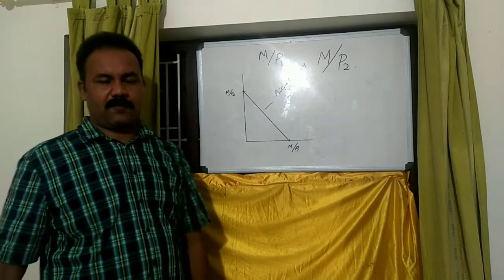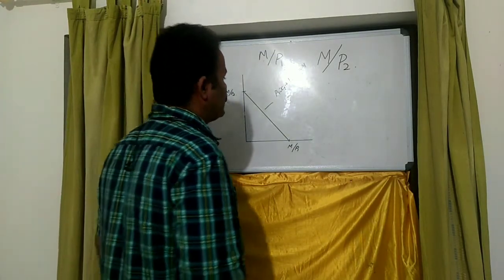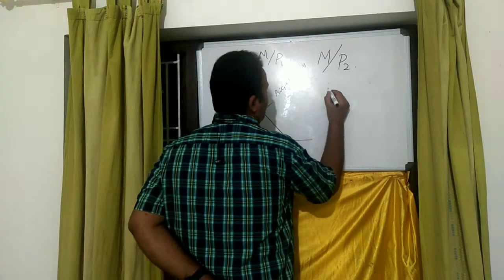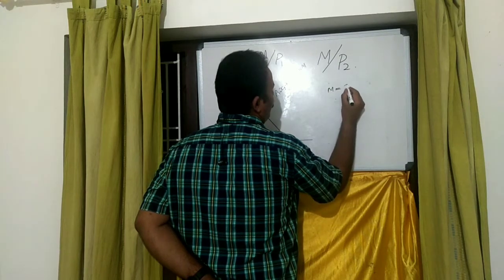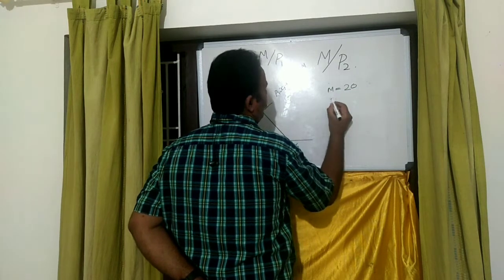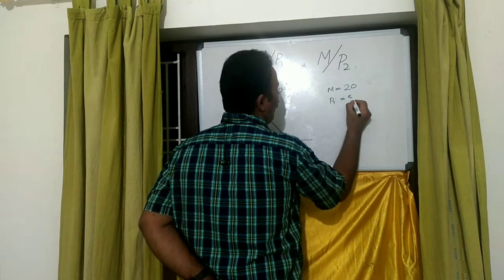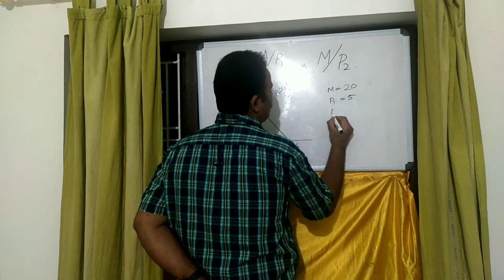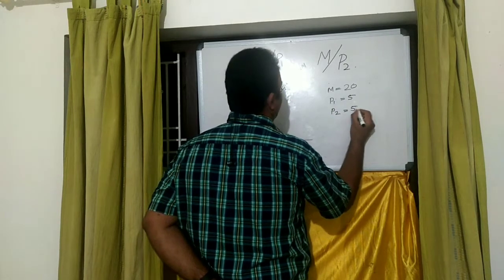Suppose income of the consumer, that is M, is equal to 20. Price of the first commodity P1 is equal to 5. Price of the second commodity P2 is equal to 5.